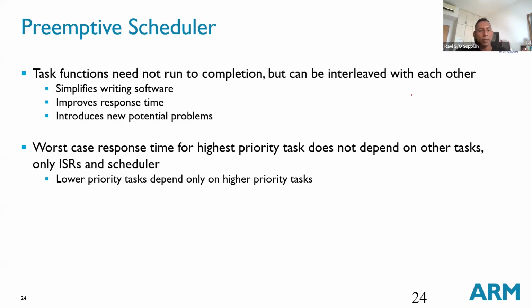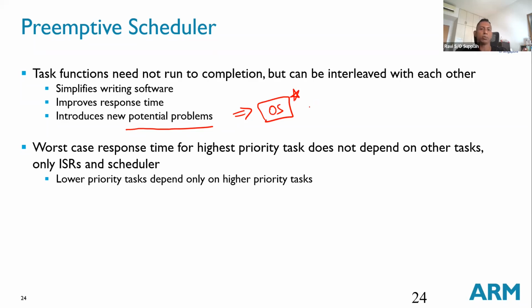A preemptive scheduler is even more complex, because you are not going to run to completion. That means even though the response is very good, you need to be able to handle all the potential problems it brings along with it. That is why the OS is really a blessing.